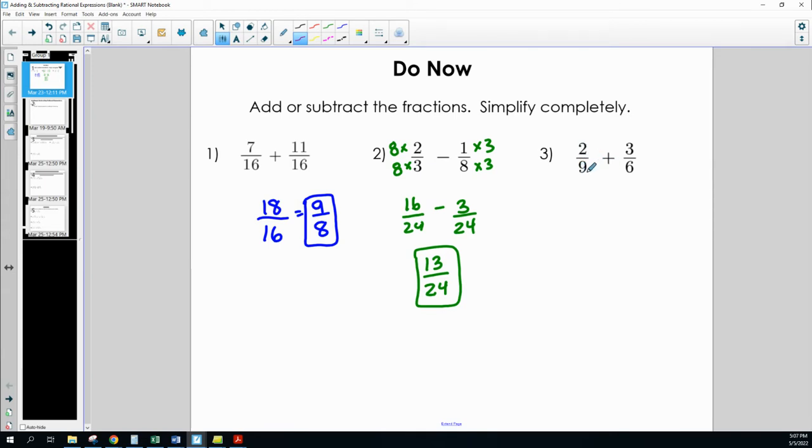I can make both of these denominators into an 18 by multiplying the 9 by a 2, so same thing on the top, and the 6 by a 3. So now we have 4 over 18 plus 9 over 18. We have that common denominator, so we can go ahead and add the numerators to get 13 over 18. And again, this does not simplify, so we leave it like that.